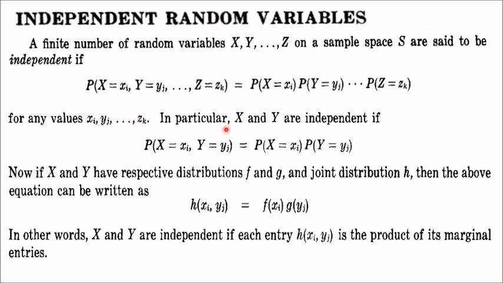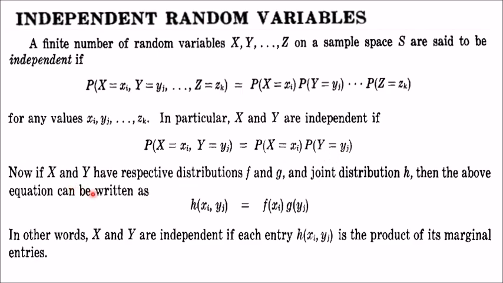In particular, we have x and y are independent if, kung dalawa lang sila, the probability of the random variable x equals x sub i and y equals y sub j is equal to the probability of x equals x sub i times the probability of y equals y sub j.